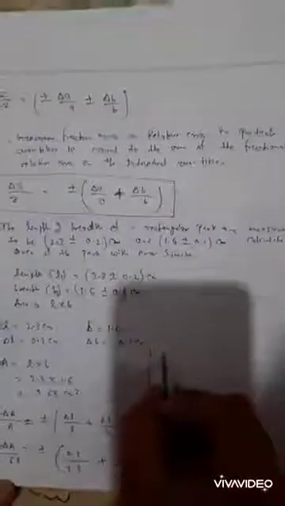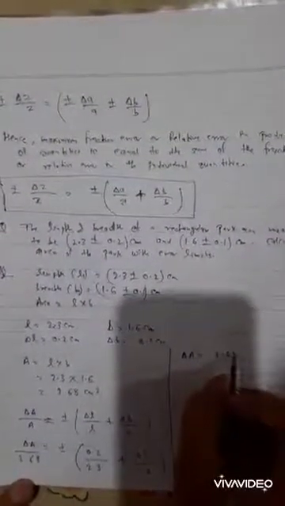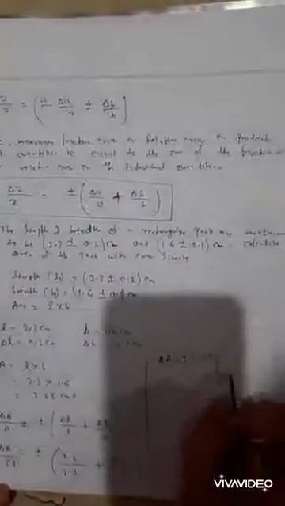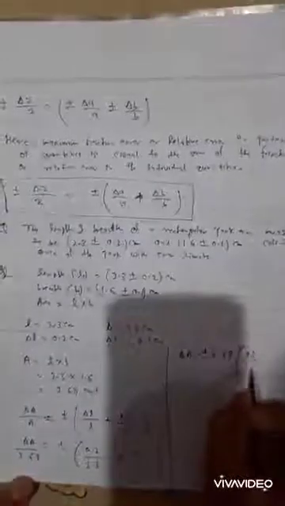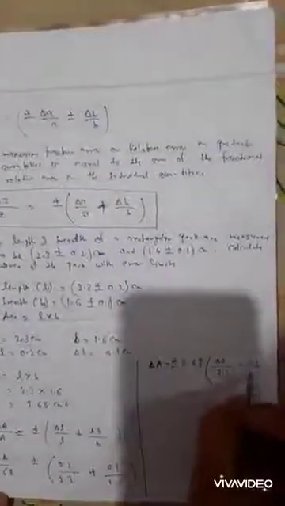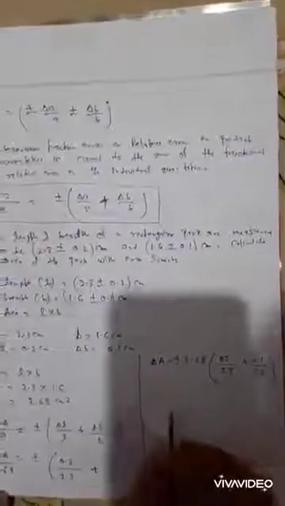Now I am doing it here. So delta A will be 3.68 into 0.2 by 2.3 plus 0.1 by 1.6.